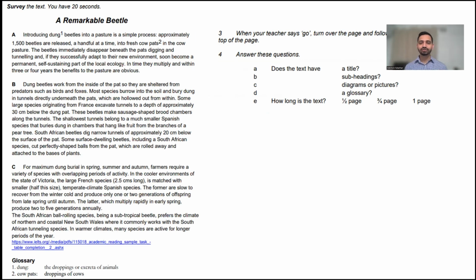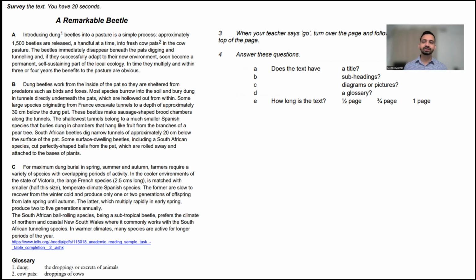All right, so let's do activity number 4, answering these questions. You read the article on the left-hand side, and I want you to answer question 4 with all of these questions from A to E. Does this text have a title? Does it have subheadings?